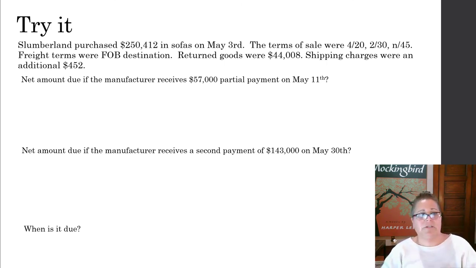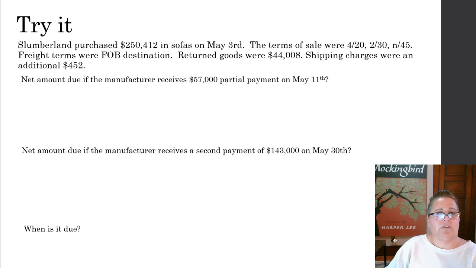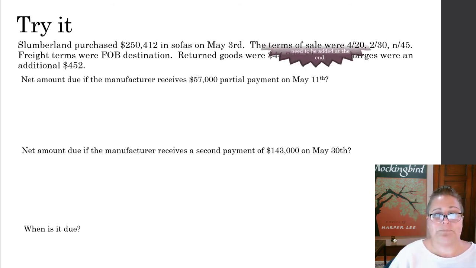So there's a lot of stuff ruined. Shipping charges were an additional $452. So just the fact that they say additional $452 means that I'm going to need to add it at the end, but it also means that I'm not going to have to subtract anything because they're in addition to the $250,412.